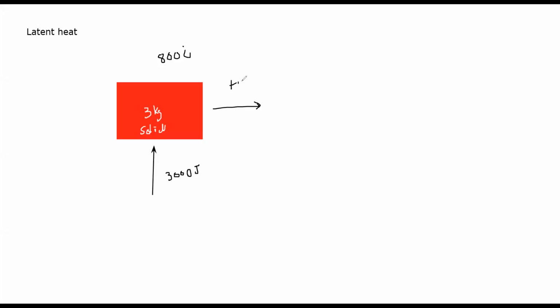So for example, you have a 3 kg solid, and you supplied 3000 joules. The temperature of the solid was 800 degrees centigrade, and we observe it turned into liquid.